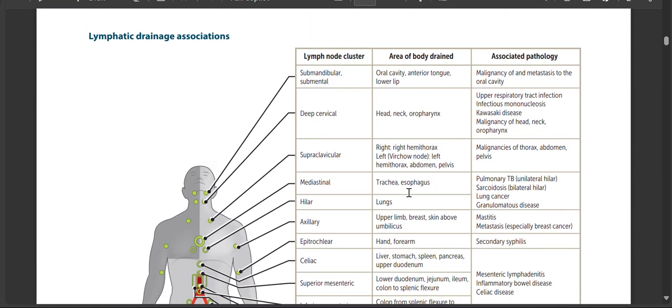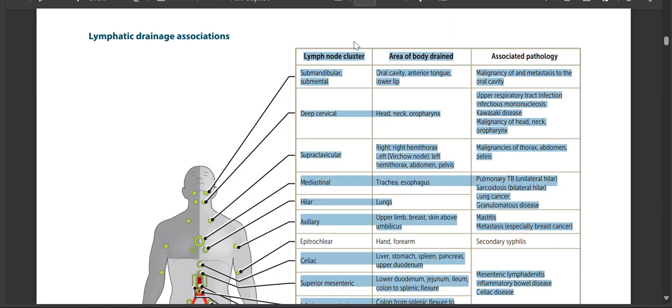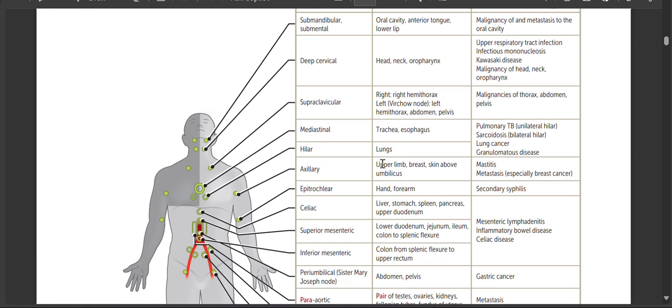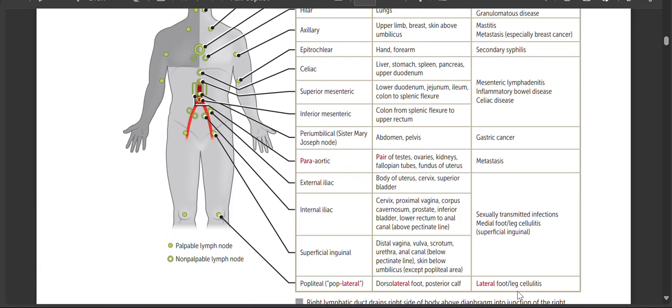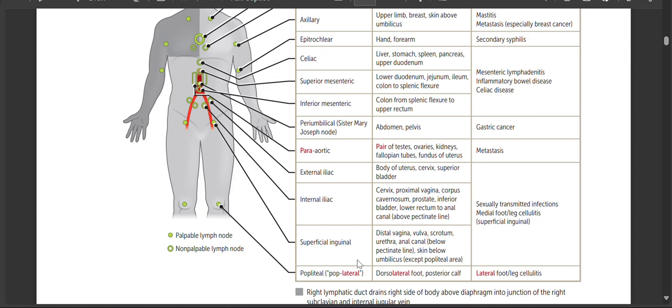And when you memorize it, I'll tell you one thing, that you can forget about the associated pathologies here, and instead, if you can only remember where certain areas of the body are drained into, that will be more essential compared to remembering all of these conditions. And a lot of times, the lymph nodes that the organs drain into are closely associated with the vascular supply. So that is how you can remember them.